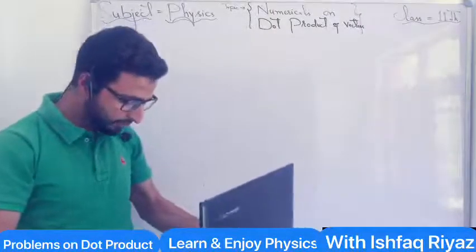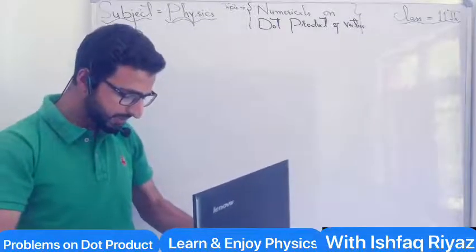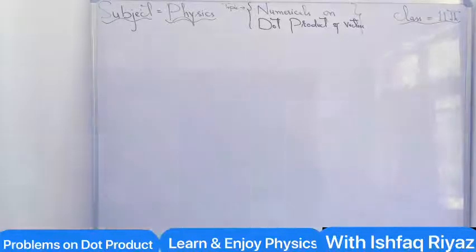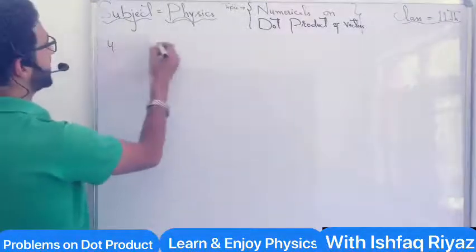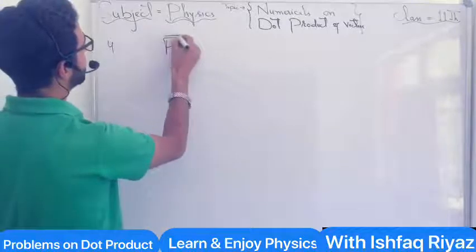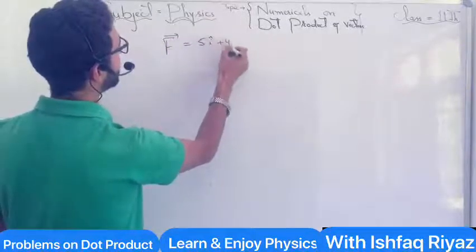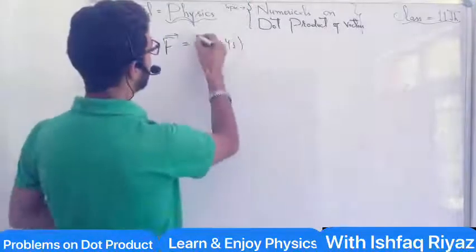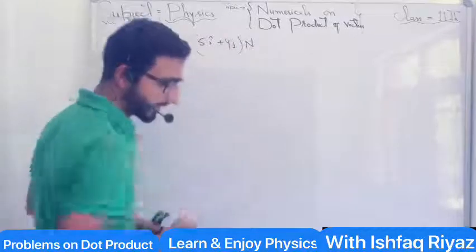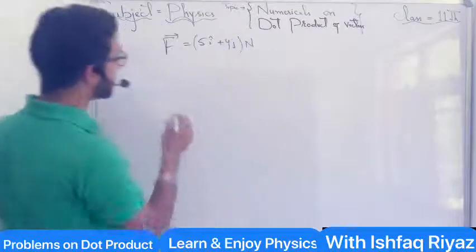And let me read one more question. Okay, if a force F that is given by 5i plus 4j, let me write it here. This is question number 4, and the force F is given by 5i plus 4j, where it is given in newtons, right? Okay, a force F displaces a body through displacement.